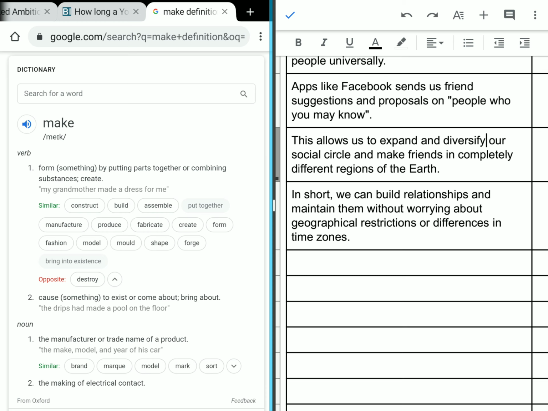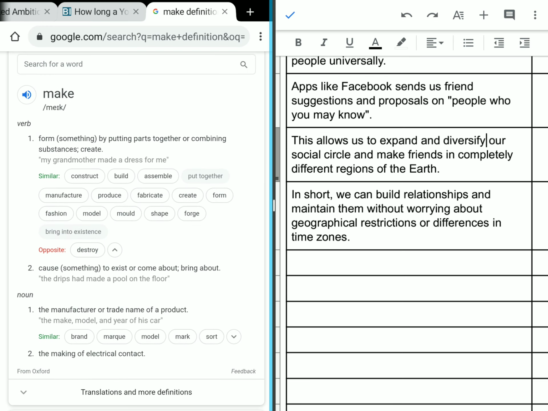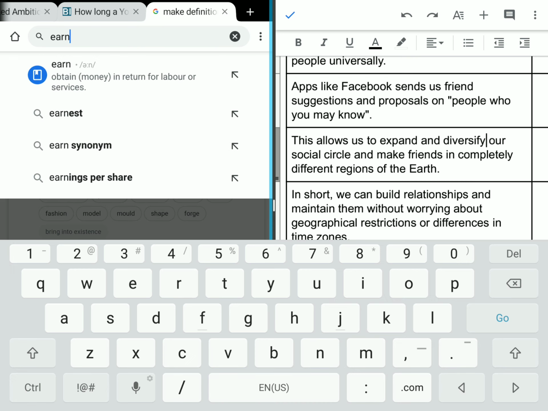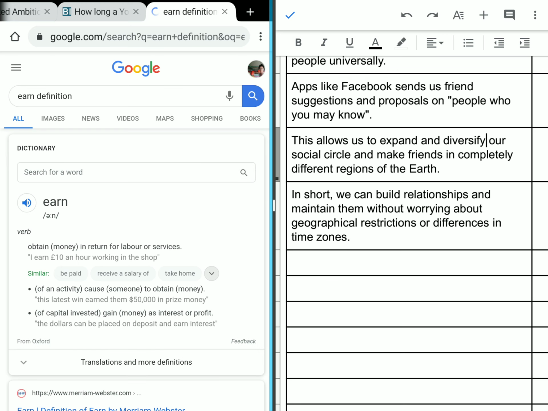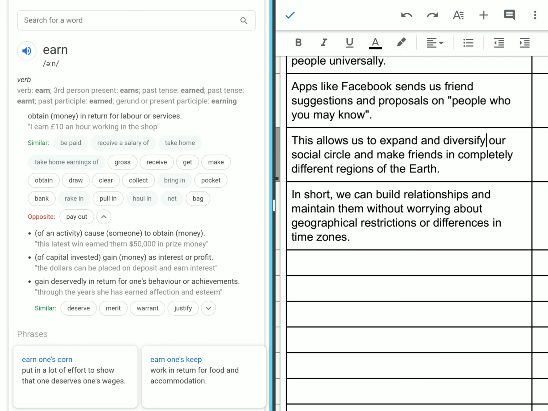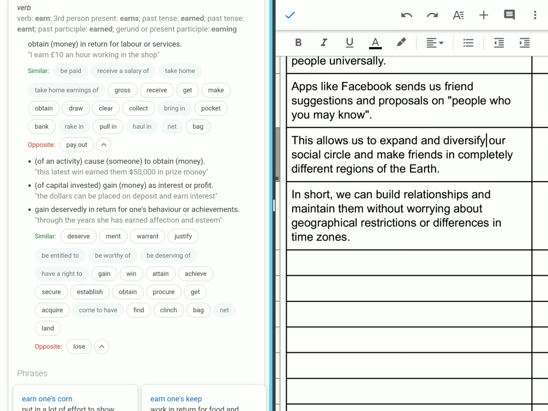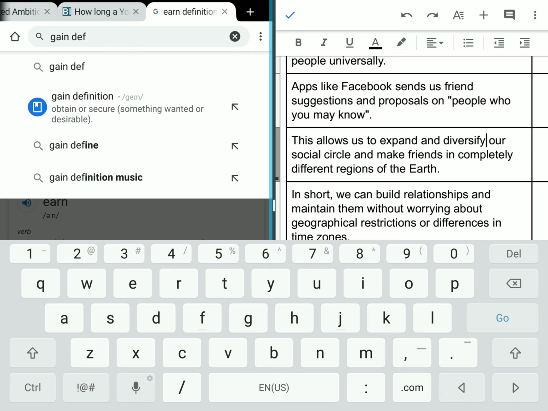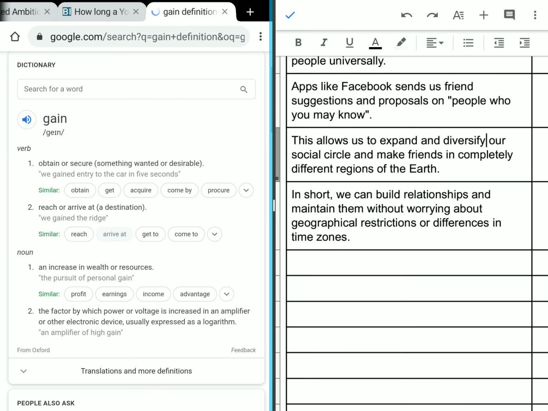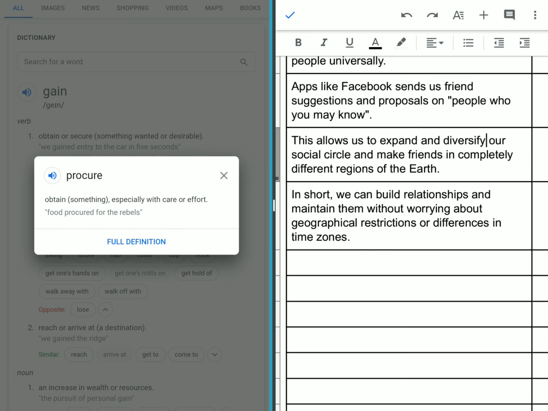Making friends is almost the same as earning friends, right? That would be in labor or services. To gain friends, yeah, gaining is making. Gain, definition. Procure might be it.